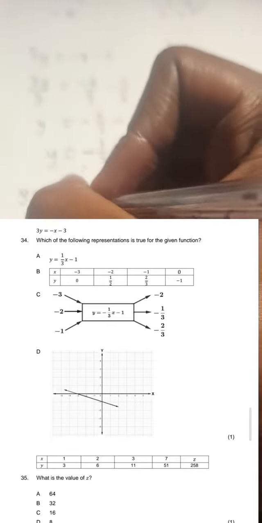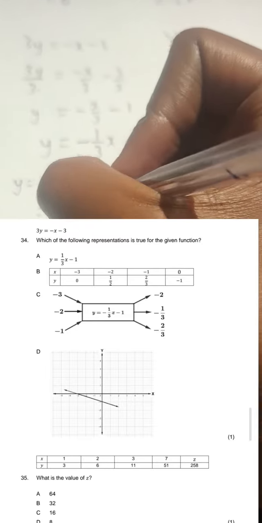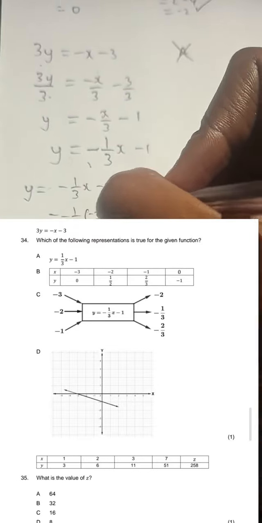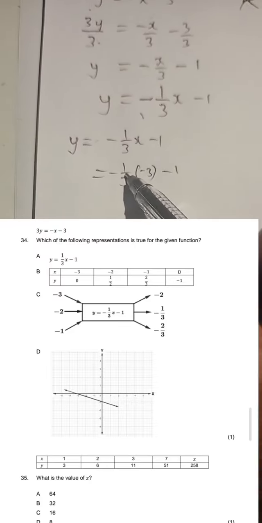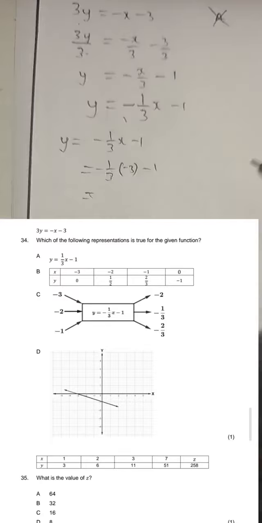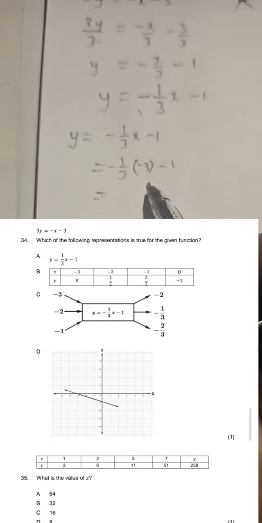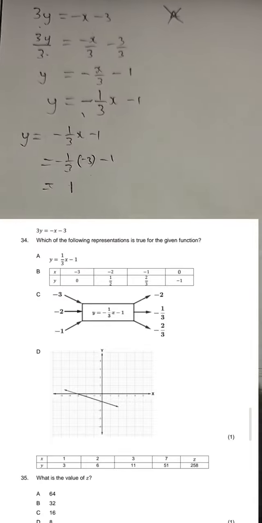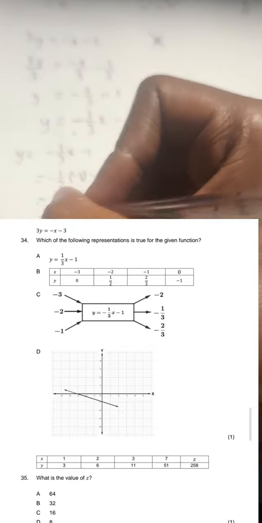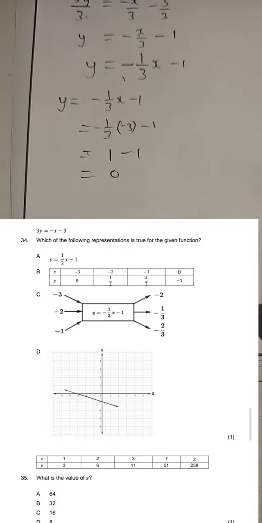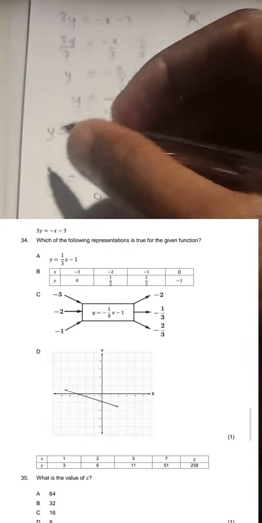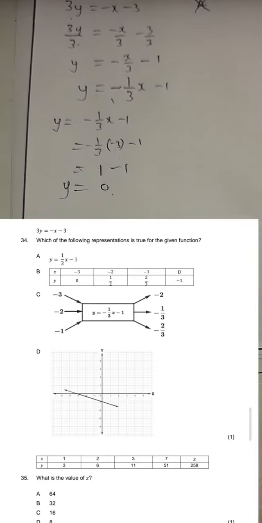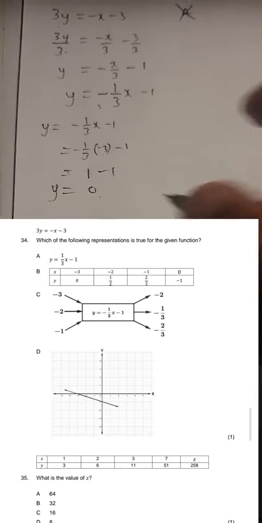So let's check if we substitute negative 3, will we get an output which is 0? What's negative times a negative? It's positive. What's 1 over 3 times 3? It is positive 1. What's 1 minus 1? That gives you 0. So in your table, when you substitute negative 3, yes, our y value is 0. So it works for negative 3.